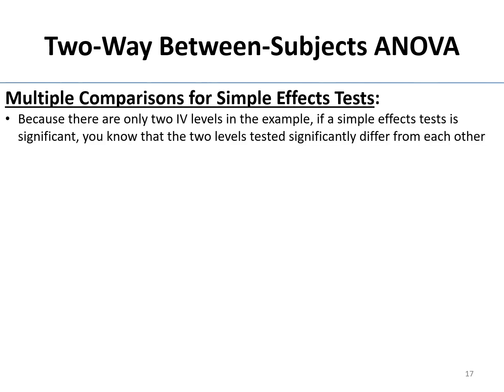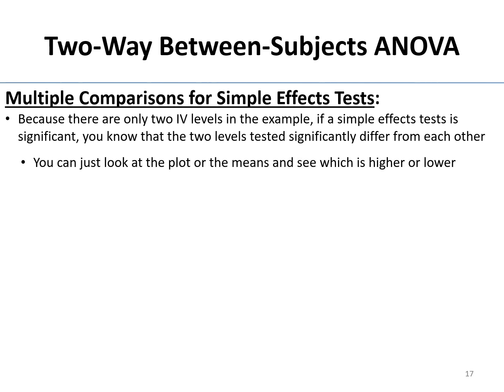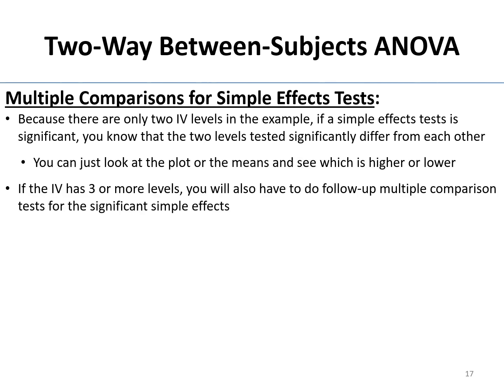So if a simple effects ANOVA is significant, you know that, well, whatever those 2 levels are, there's only 2 of them, they're different from each other. So go look at the means or look at the plot to see which group was higher or lower. If you've got 3 or more levels, you have to do multiple comparison tests for your simple effects test.